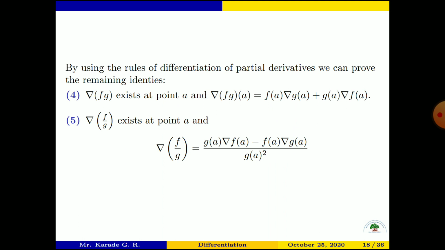By using the rules of differentiation and partial derivatives, we can prove the remaining identities.